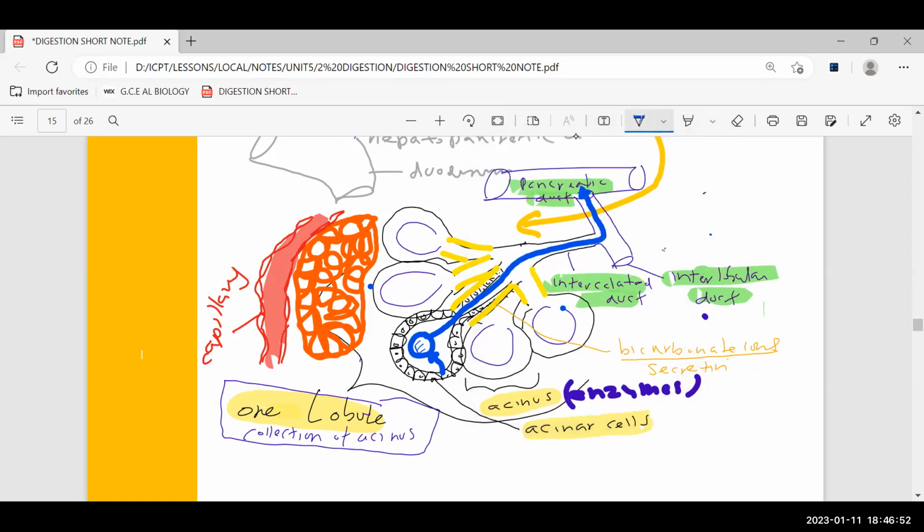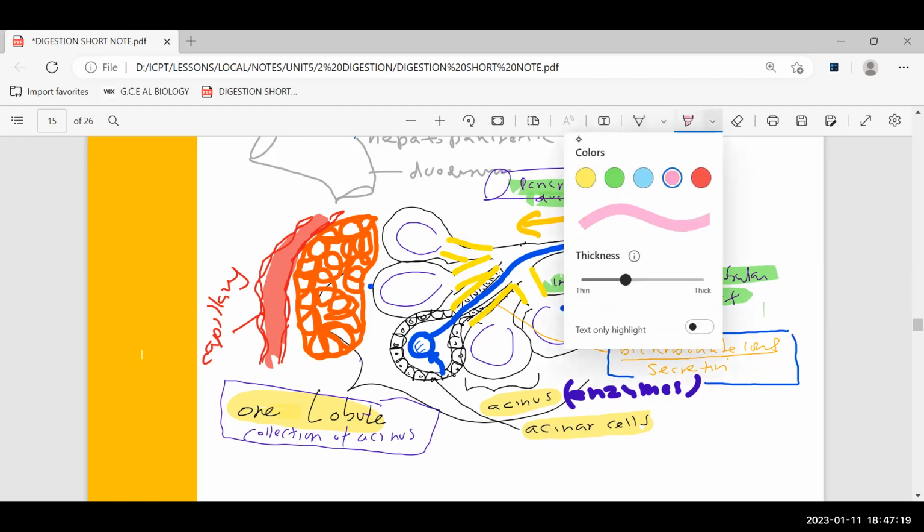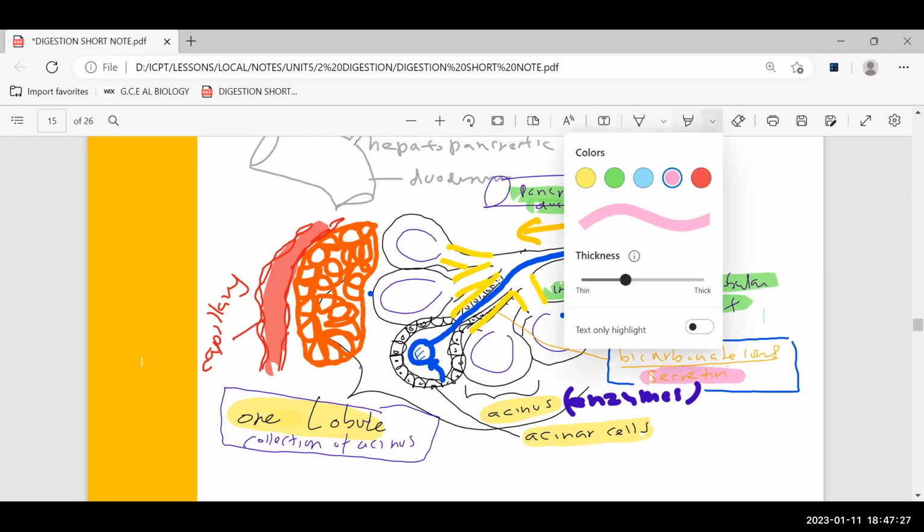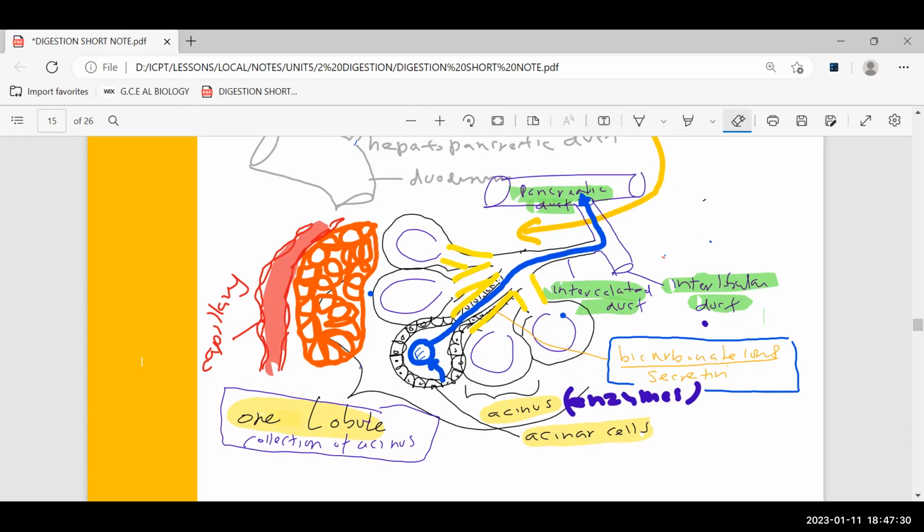Okay, so this red color area, yes, the pancreas also secretes bicarbonate ions under the influence of the hormone secretin. So the pancreas secretes bicarbonate ion under the influence of secretin.